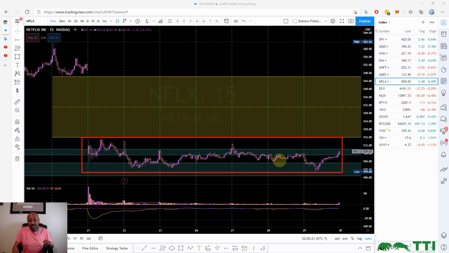A lot of times the strong names, when we get a gap down, it's an opportunity for institutions to grab the stock for cheap. So it could be an accumulation. But how do I validate accumulation? I get a terminal shakeout. I get a reversal. I never test the terminal shakeout. I break the highs of that consolidation area, and I continue to do this.